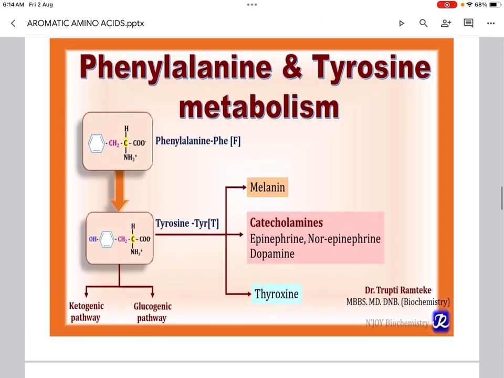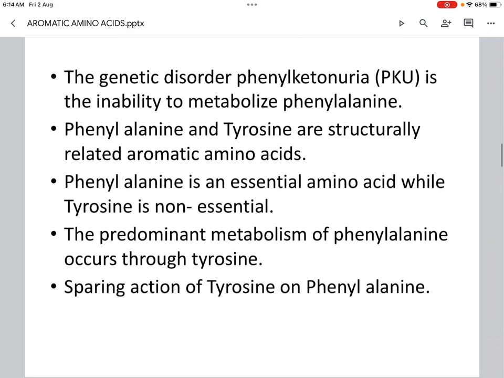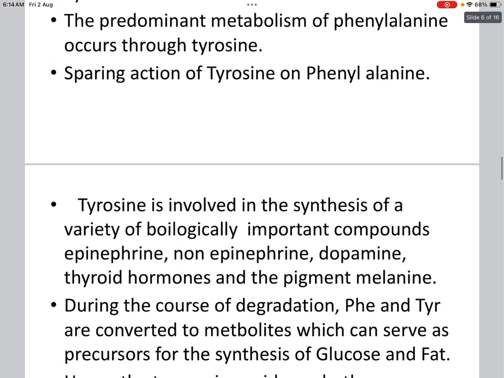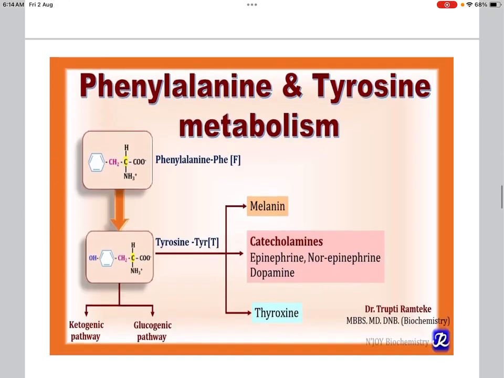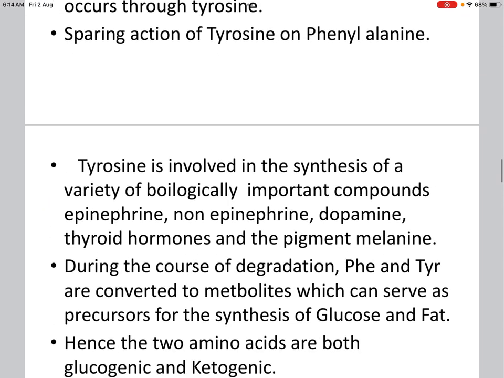See, the conversion of tyrosine is here. You can see that phenylalanine is converted to tyrosine, and the predominant metabolism of phenylalanine occurs through tyrosine.